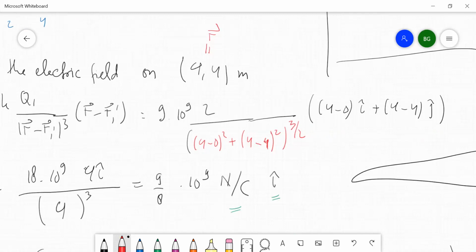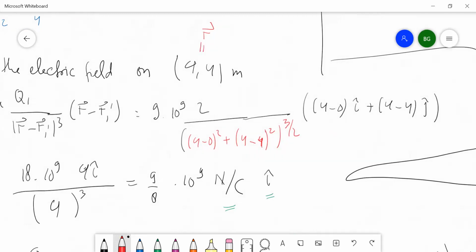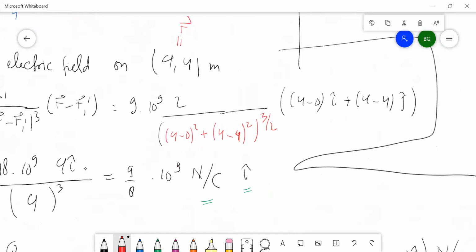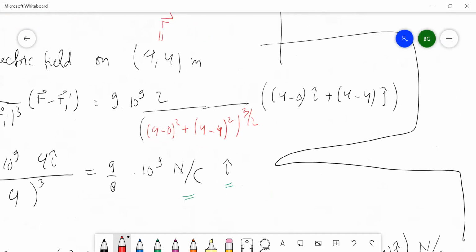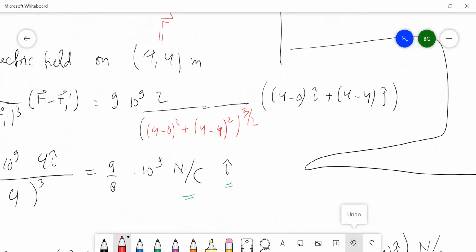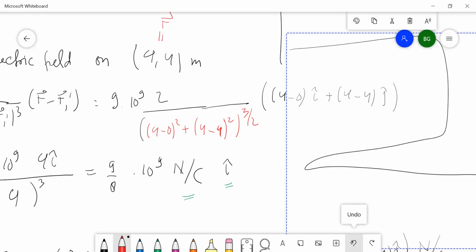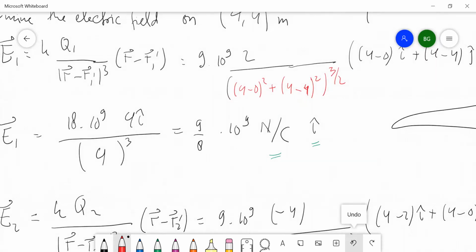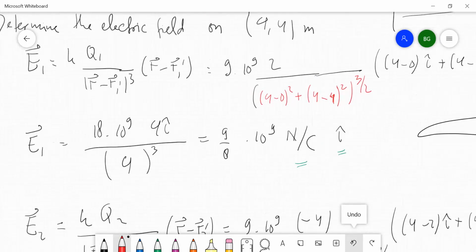This is Q1, and this is the displacement vector, R minus R1 prime.